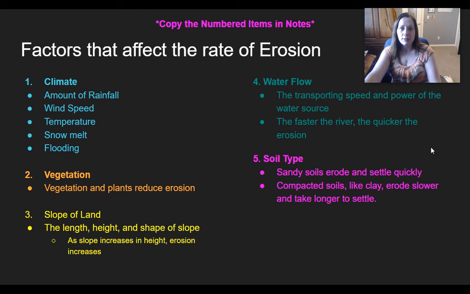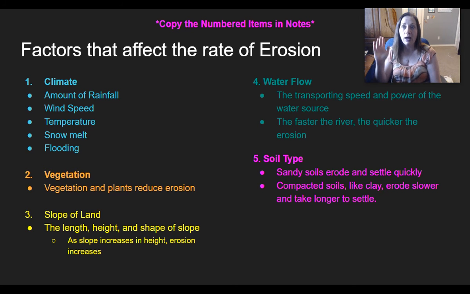There are also some factors that affect erosion. Remember, erosion is the movement of that sediment. So once the rock is broken down, how it is being moved. Climate, again, affects this. The amount of rainfall. If you have more rainfall, you're going to have more movement, right? So if you have less rainfall, you'll have less movement.